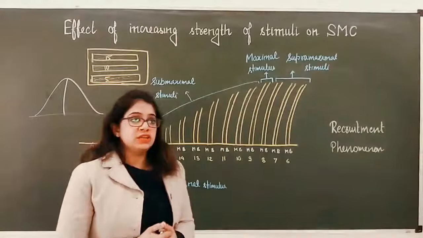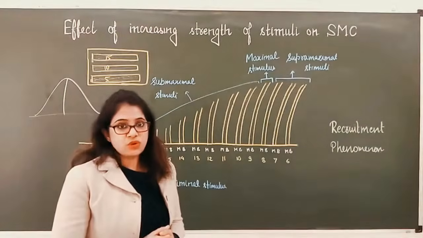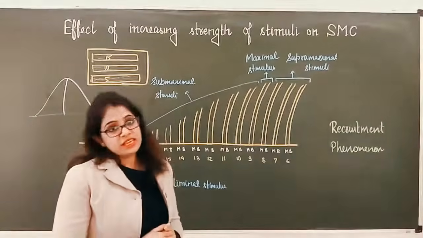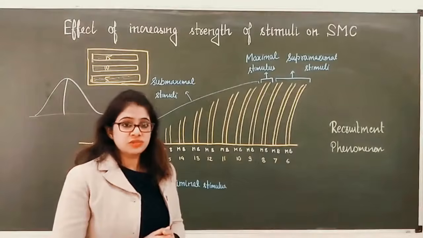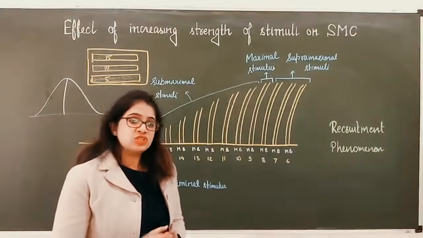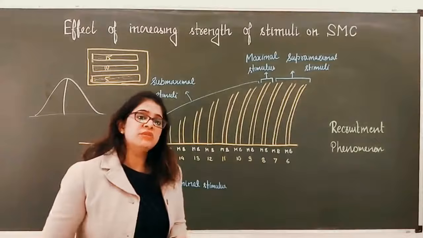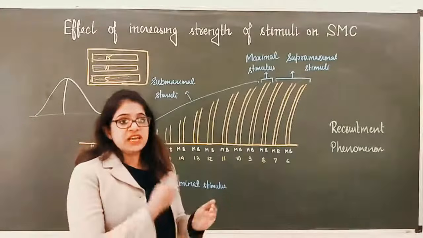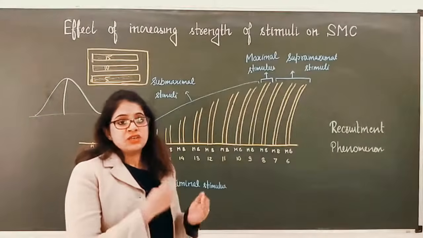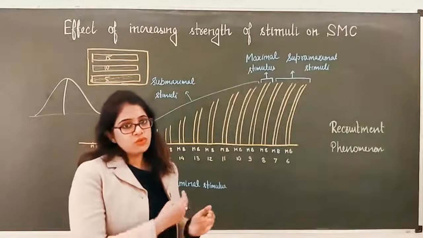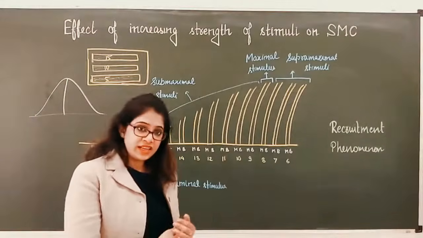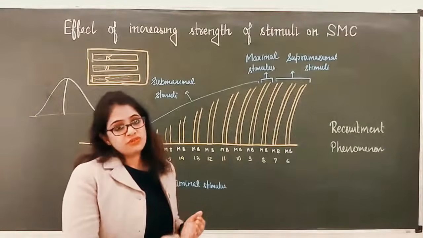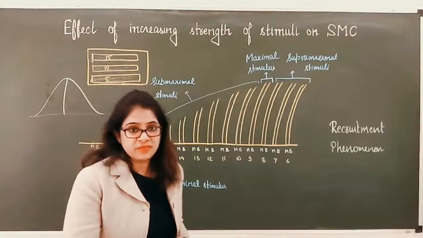Again, if I give a stimulus of 20 millivolts, will there be any change in the force of contraction? No, because all three motor units have already come into the picture.